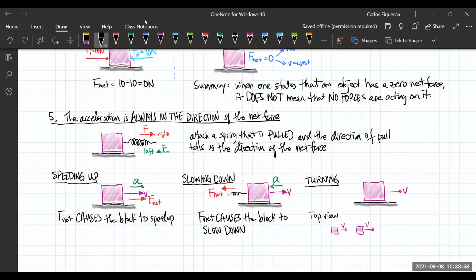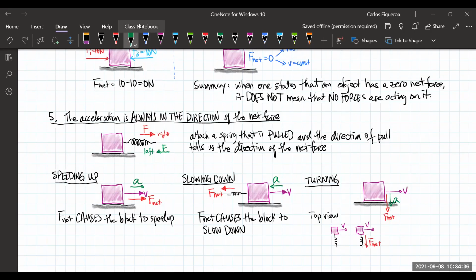If I want to make the change in the direction, I have to attach a spring. And so if I wanted to change the direction, I actually have to apply a force perpendicular like this. I have to pull it perpendicular to the direction of motion. So I'm going to pull it perpendicular like this. What does this do? It forces the acceleration to be perpendicular.